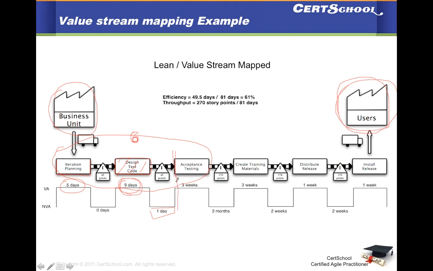Before you can find the customer who can look at what you have produced in this iteration and run some acceptance tests, I should actually correct this. The 6 iterations over here do not include the acceptance testing.